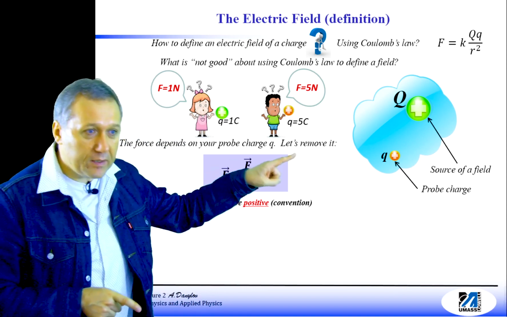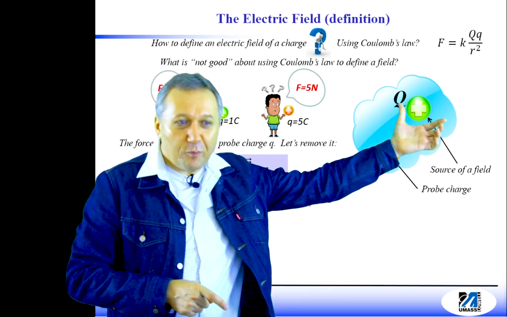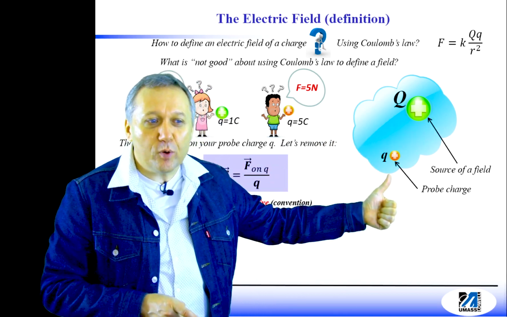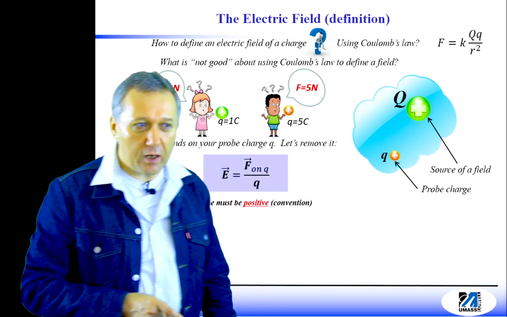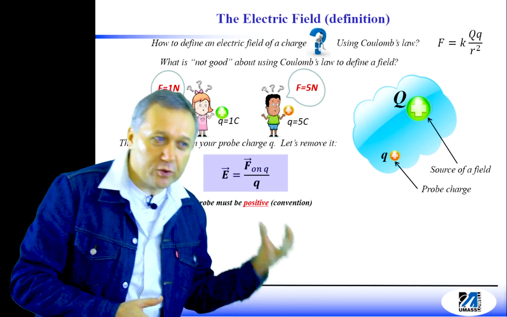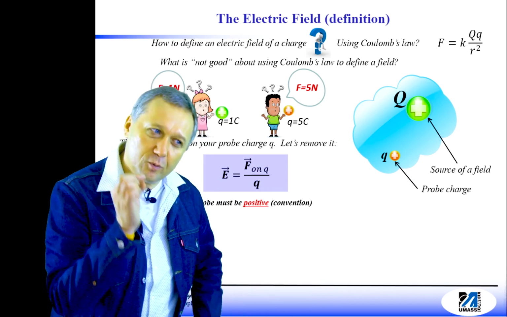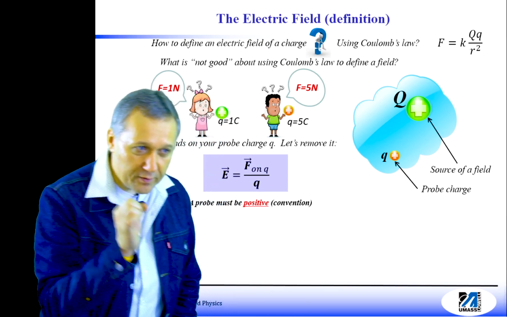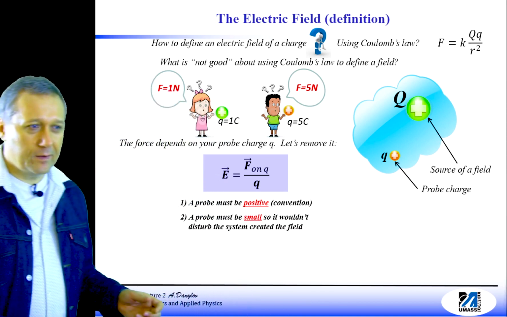The same happens over here. So in order to preserve our system, which creates the electric field, your probe charge must be small relative to the charge which creates the electric field, so that you would not change your system significantly. So it means that your probe charge must be small. Very important restriction, right?